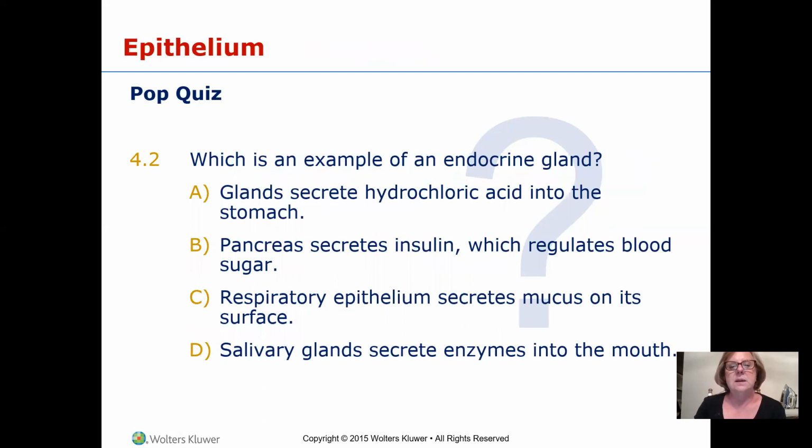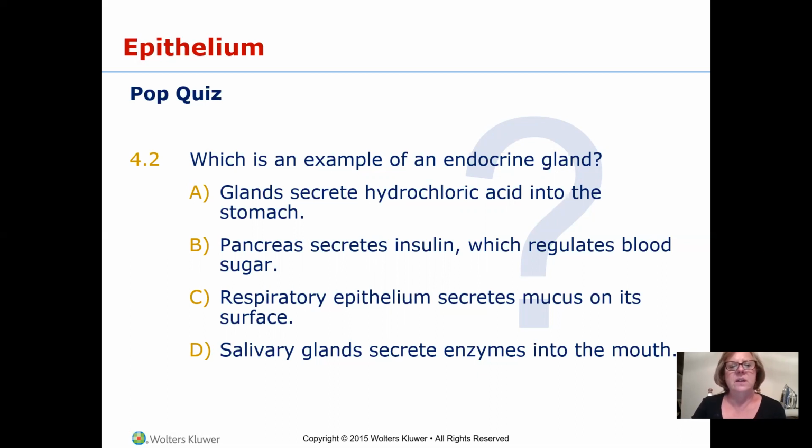Okay, and then what's an example of an endocrine gland? So endocrine would be delivering its products within the body, and so it would not have its secretions to the outside. So that would automatically eliminate C and D. Then you are left with glands that secrete hydrochloric acid into the stomach, and the pancreas secretes insulin, which regulates blood sugar.